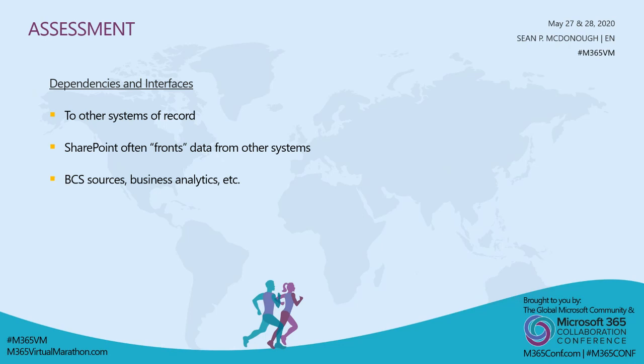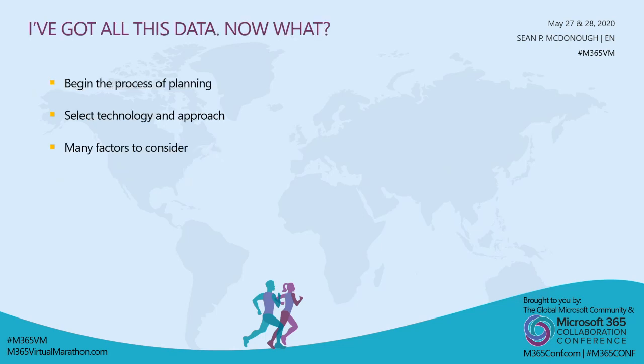We talked about business continuity, business data, configuration data, logical architecture, physical architecture, dependencies and interfaces. You've got all that data. What do you do with it now? Well, now you begin the process of planning. If you've gathered all that data, and that is not a small task, I might add.